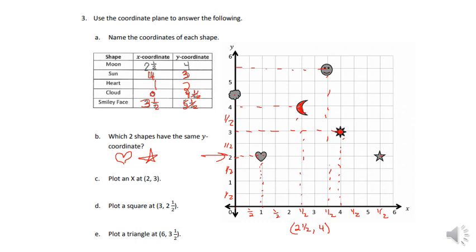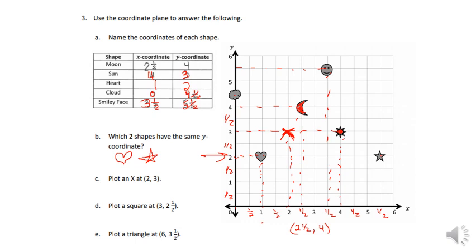C, plot an x at 2, 3. Well, first off, we're going to go over 2, 1, 2, so we're at the 2, and I'm going to come up and come across on the 3, so x would be right here on 2, 3. Plot a square at 3, 2.